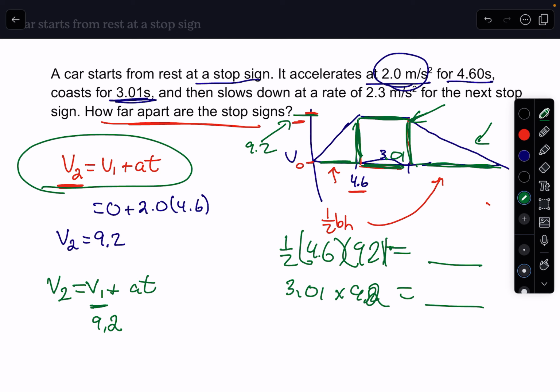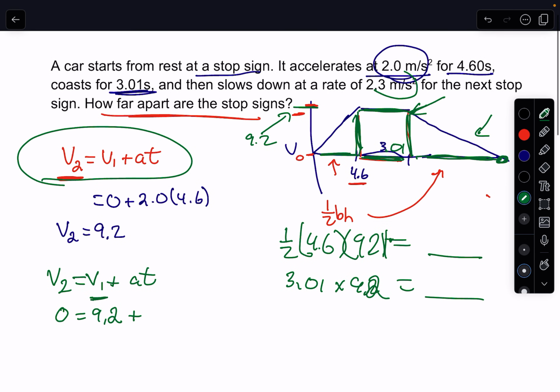And V2, he's going to what? To a stop, so that's 0 equals 9.2 plus A, and they gave us that A is 2.3, but he slows down, so that's negative 2.3 times T. Then you'll solve for T, that equals some number, and then of course it'll be 1/2 base times height.